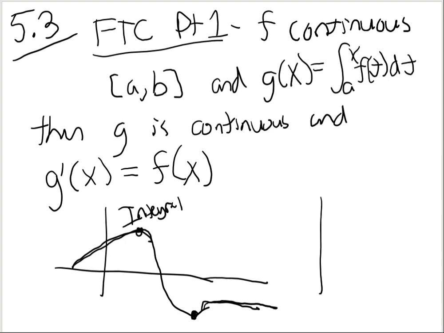What does the original function look like? Well, to get the original function, I need to look at the derivative. I have a whole bunch of positive values here, because it's increasing until at this point I should get 0, because that's a maximum. Over here I have a minimum, so my original function should be 0.